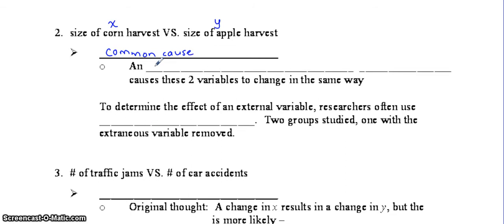So what's happening is an external, or you might call it a hidden, or you might call it a lurking, and some people just call it a Z variable.